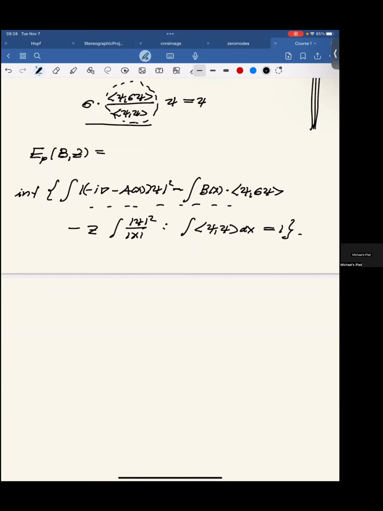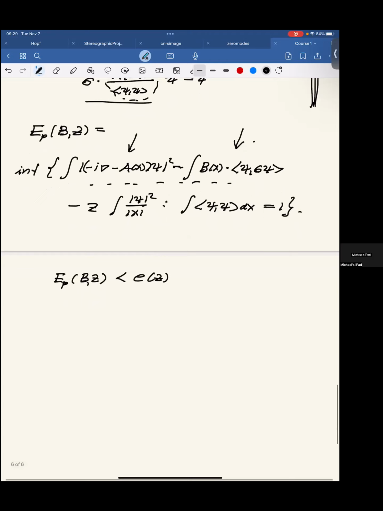So now this functional opens up a whole can of worms. The thing is that in general, this energy, which now also depends on the magnetic field, is less than E of Z. In other words, you see this first term pushes the energy up, and this second term has the tendency to push the energy down, and this term wins.